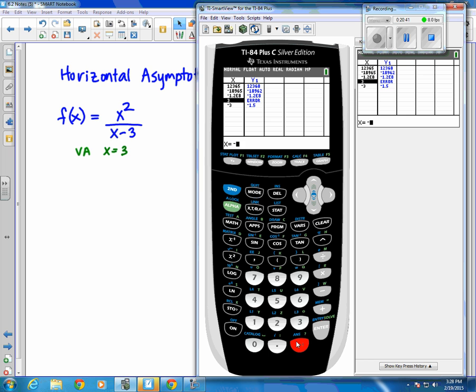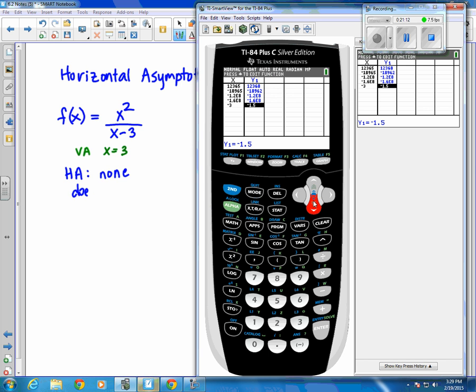Now notice what's happening. These are getting smaller, yes? If I plug in bigger values, what's going to happen? It's going to get bigger. So does this one approach anything? No. So the horizontal asymptote, it has none.